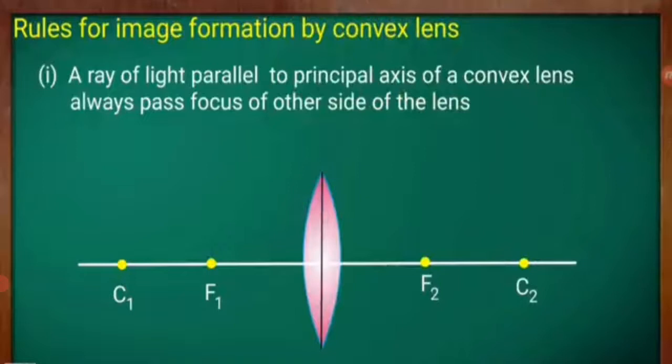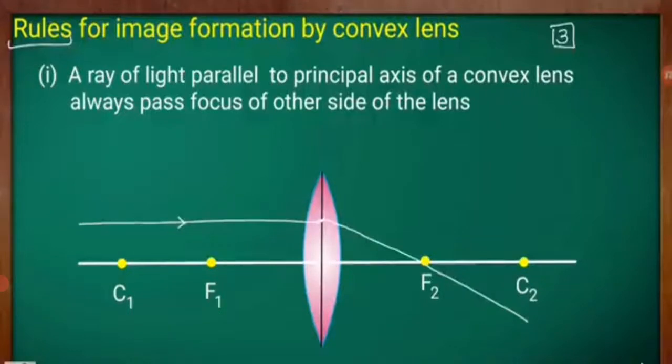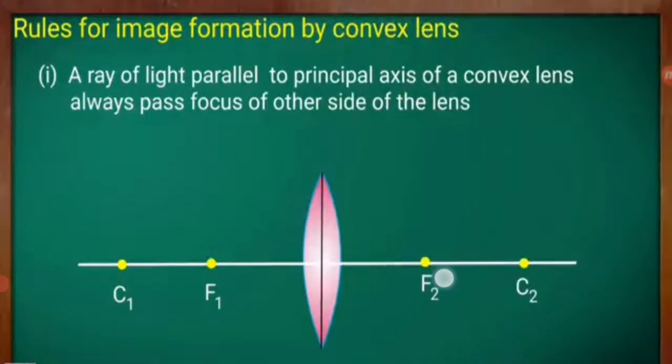The first rule says a ray of light parallel to the principal axis of a convex lens always passes through the focus on the other side of the lens. If I consider a ray of light which is parallel to the principal axis, then remember it always passes through the principal focus on the other side of the lens.